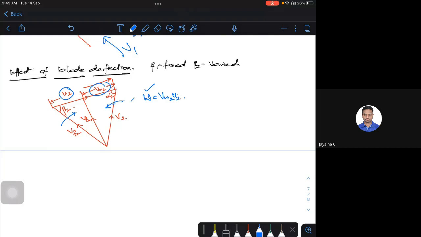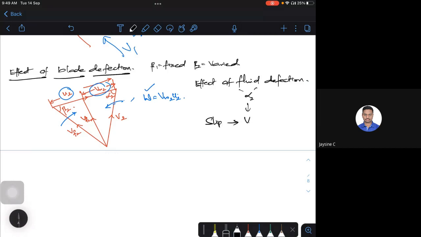Blade deflection is with respect to the blade angle beta 2, and there is also the effect of the fluid deflection, that is your alpha 2. This will lead to what is called slip. Why? My VW2 gets reduced, and this will bring down the work done.